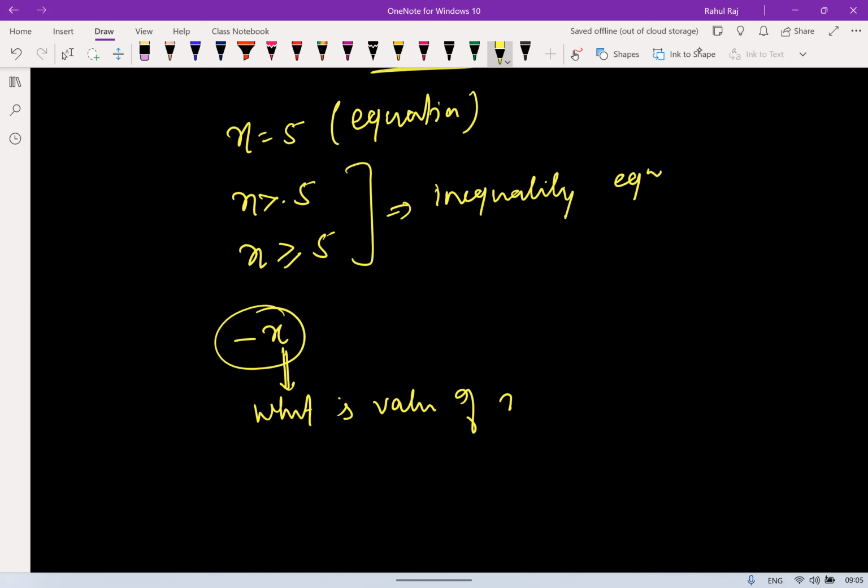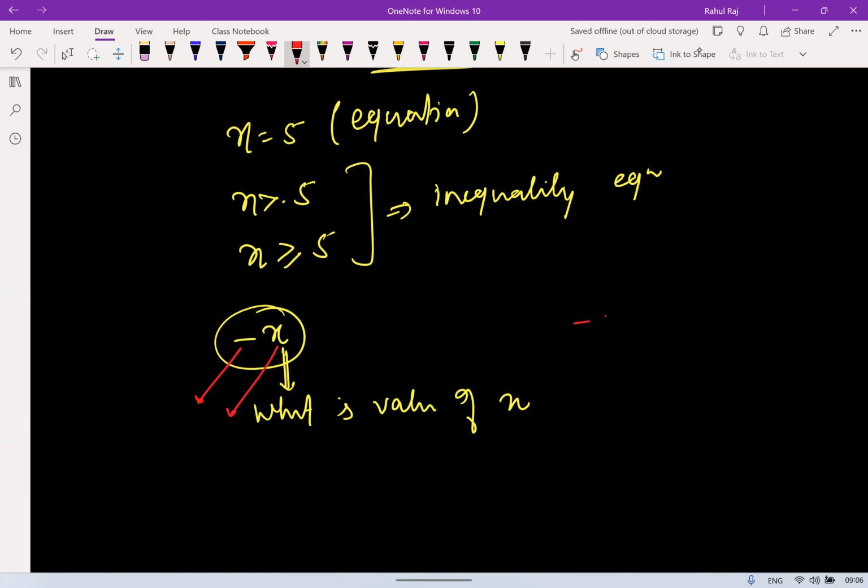Please treat it as two separate elements: this is element number one, this is element number two. So technically, negative x doesn't mean x is negative. Absolutely not. With a variable, any sign attached to the variable, if the variable is not defined in the question, it means that you have to take it as two separate elements.